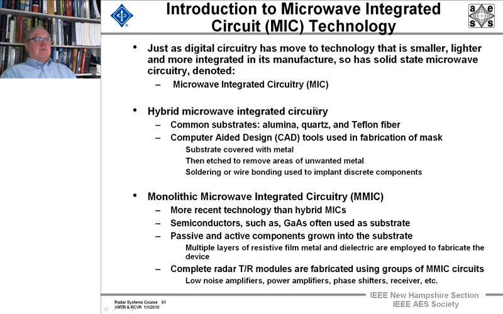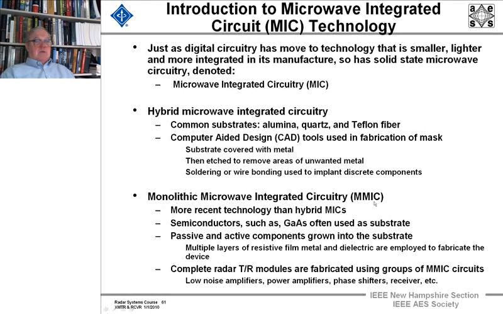Hybrid microwave integrated circuitry has common substrates of alumina, quartz, and Teflon fiber, and computer-aided design tools are used for fabrication, where your substrate is covered with metal, then etched to remove the area of unwanted metal, and then solder or wire bonding is used to implant discrete devices like resistors or capacitors or amplifiers.